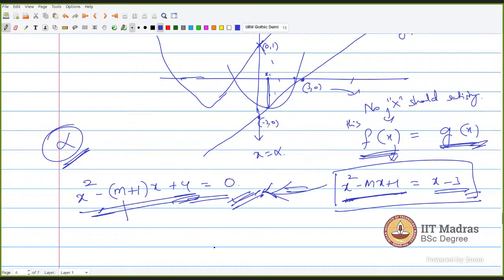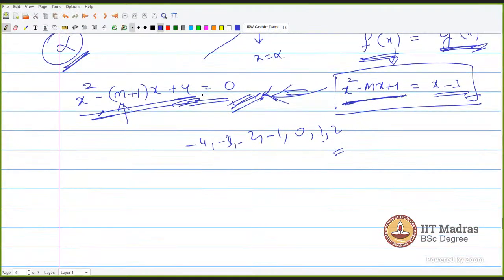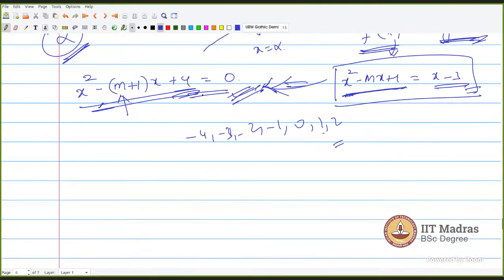So there will be many possible values of m, out of which you can choose. You can choose -4 or -3, -2, -1, 0, 1, 2. So the discriminant part, the same thing. If it should have no real roots, the discriminant should be less than 0. Discriminant less than 0 means (m plus 1) whole square minus 4 times 4 should be less than 0.